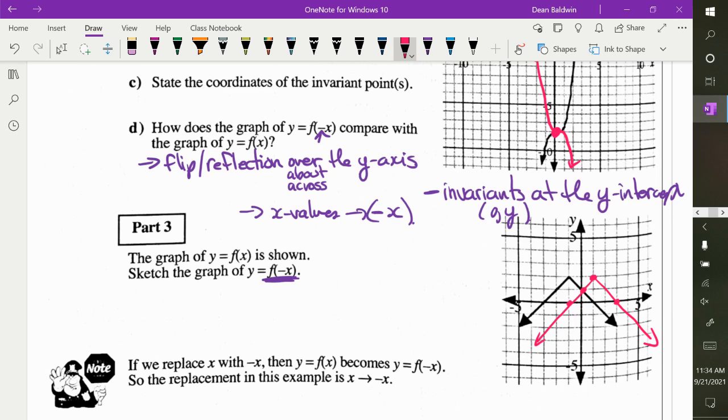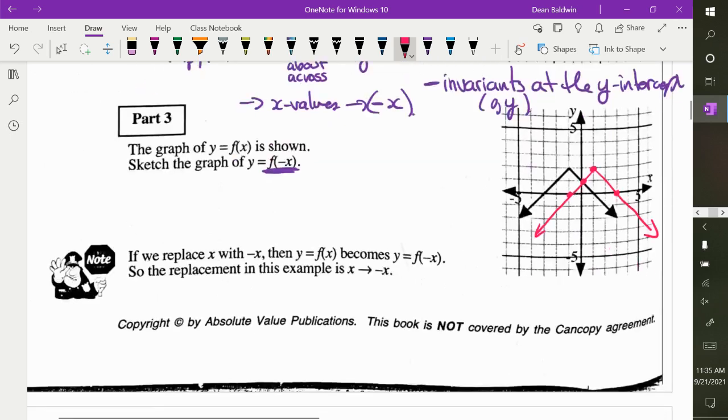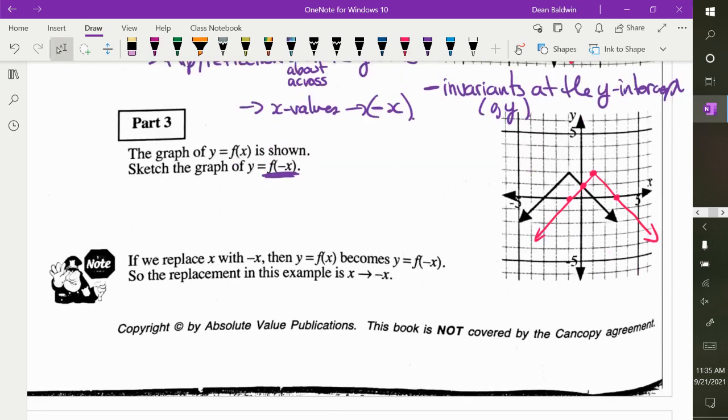Just gotta sketch that one. Just change all the x values to negative x. There it is. We get that? Okay.